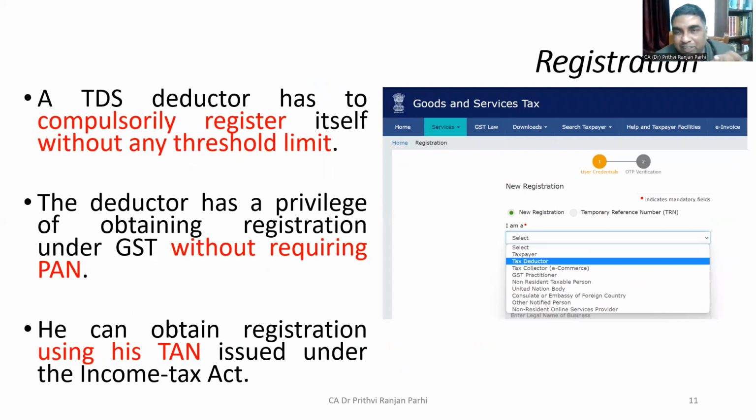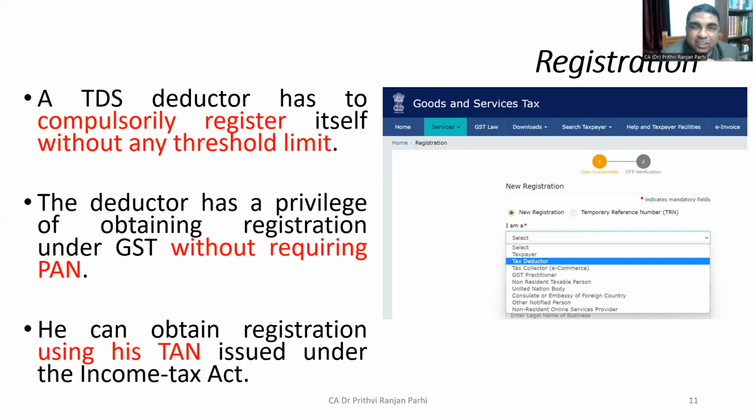Now, quickly let us cover the next part, that is registration. The DDOs of government departments are required to get that entity or department registered under GST law when they have a liability to deduct tax at source. So the tax deductor has to compulsorily register itself without any threshold.